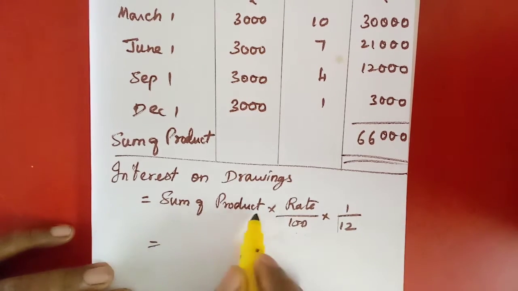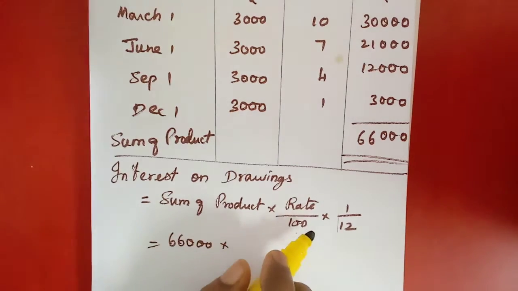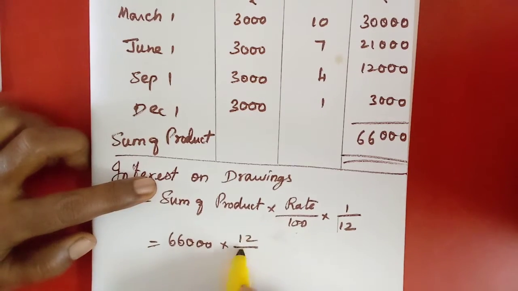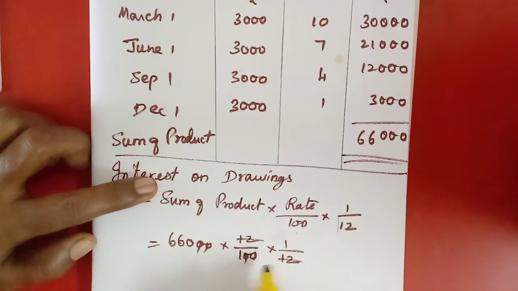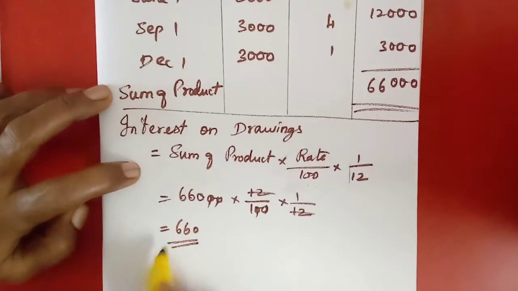Sum of product is 66,000 into rate 12 by 100 into 1 by 12. The 12s cancel, so 660. See, they have got the same.